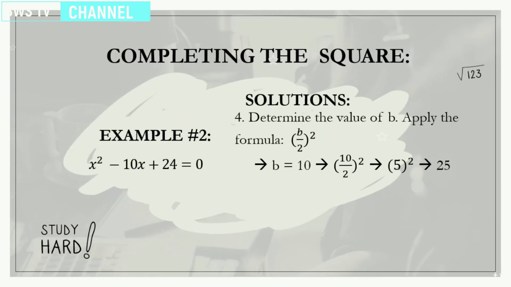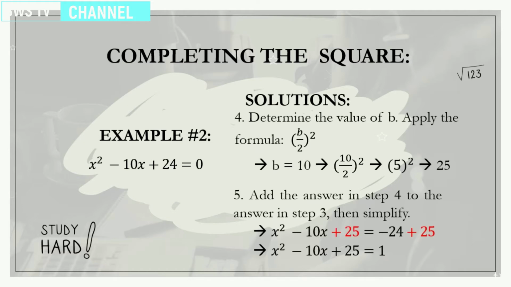Determine the value of b, which is 10. And then apply the formula. 10 divided by 2 is 5. 5 times 5 is 25. Add to both sides the answer in step number 4. So we have x squared minus 10x plus 25 is equal to negative 24 plus 25. Simplify. So we have x squared minus 10x plus 25 is equal to positive 1.